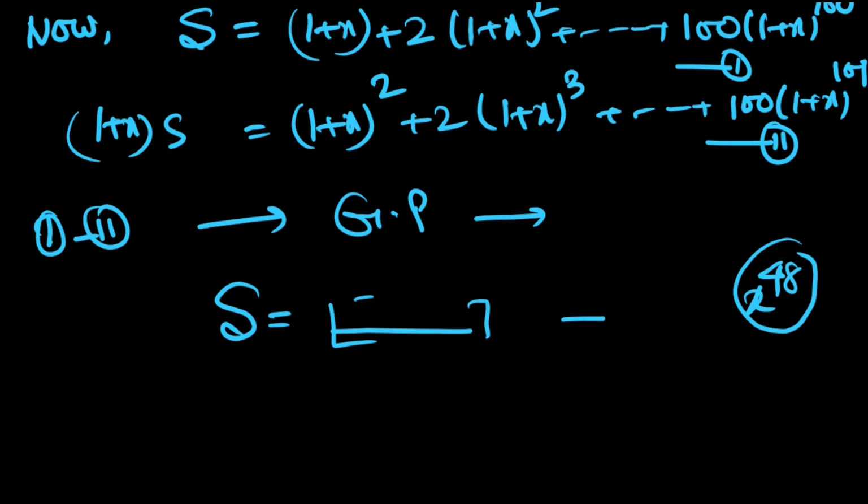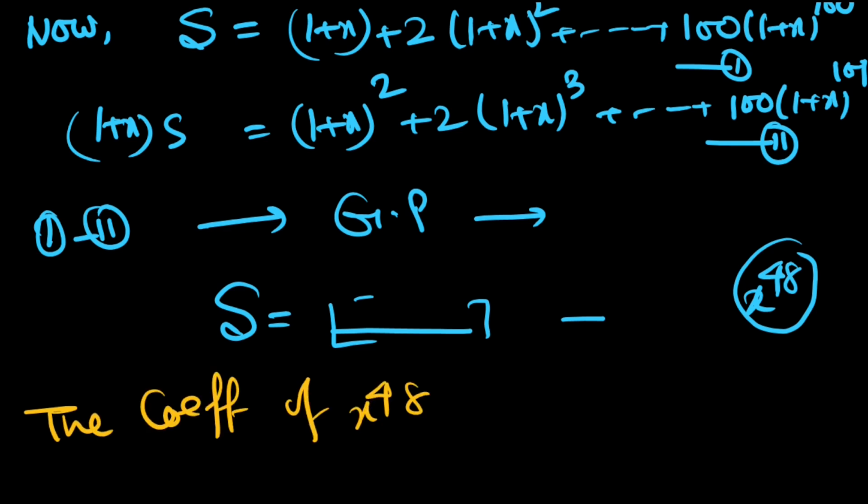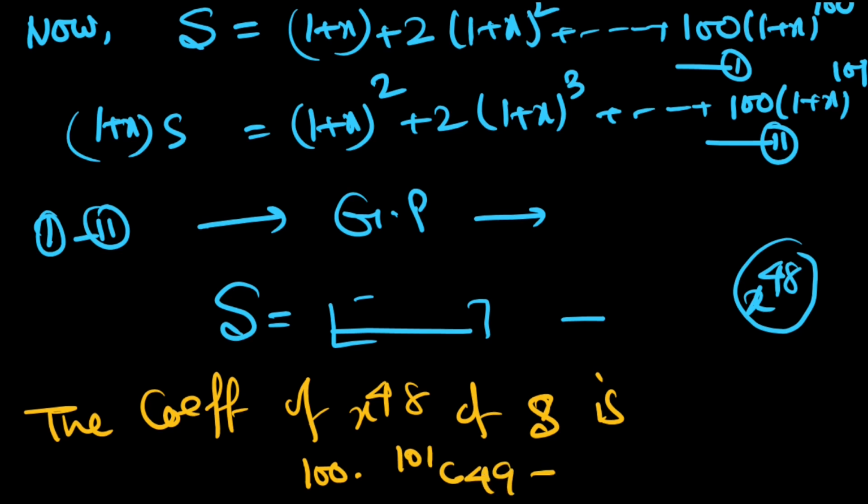So the coefficient of x to the power 48 of S is 101C49 minus 101C50. This is the correct and final answer.